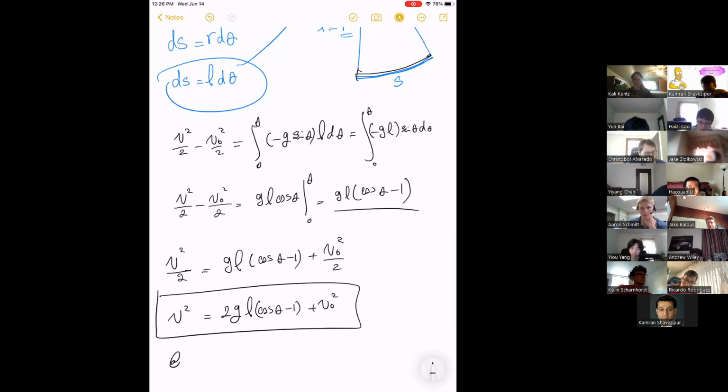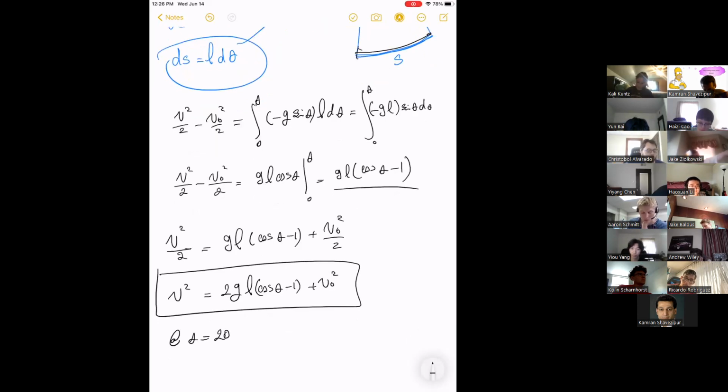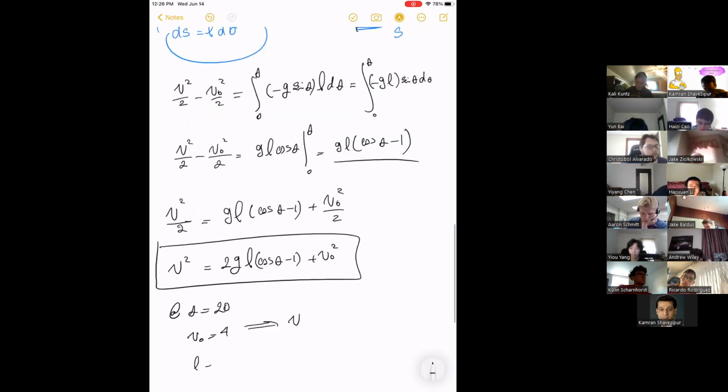Now at theta equals 20 and V0 equals 4, you're going to get your V, and L is also 4 meter, I suppose. Is it 4 meter? Yeah.